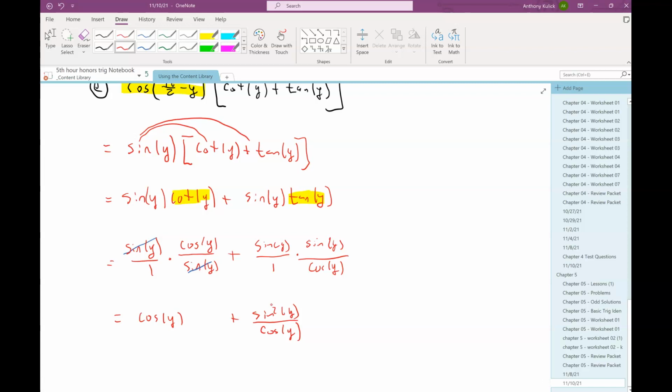So we still have these two fractions now. What would you want to do here? Make a common denominator.